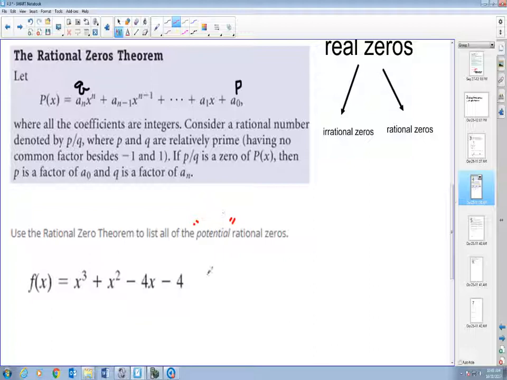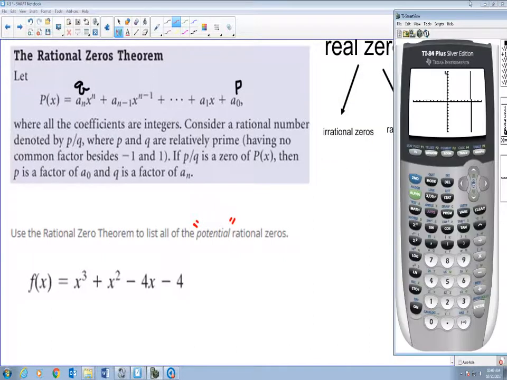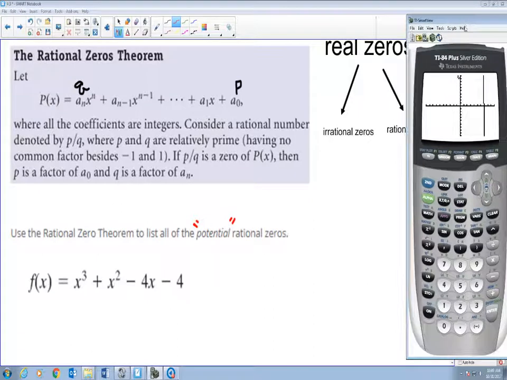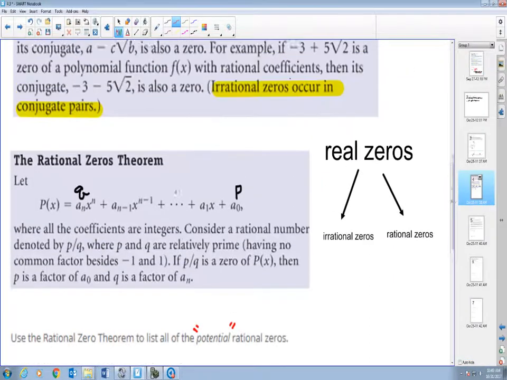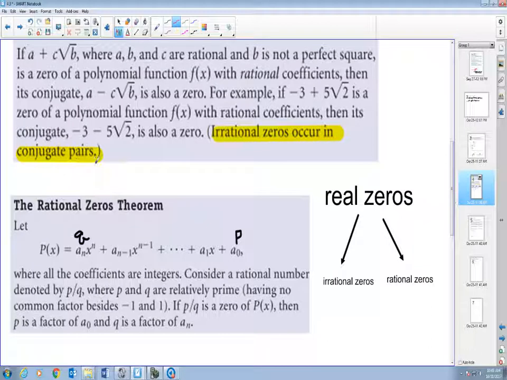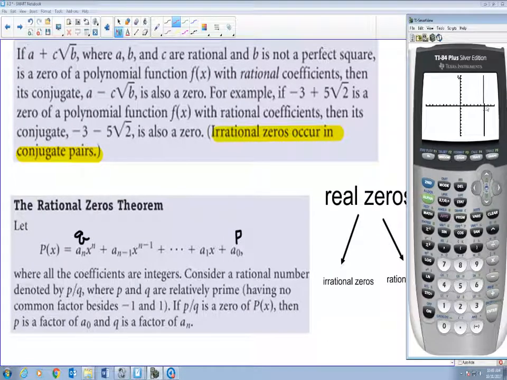Okay, remember now, rational zeros are real, so are irrationals. Using the same example here, this zero right here is not going to be irrational. Why? Because irrational zeros come in conjugated pairs, so you will see it cross over the x-axis 2 times. So this one time it crosses over the x-axis, that got to be a rational zero.